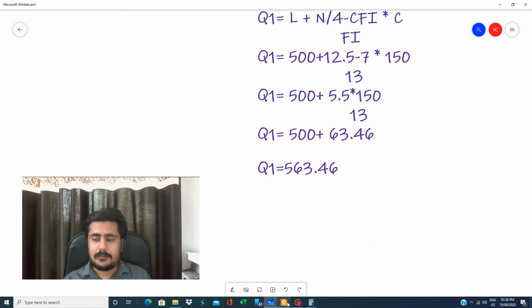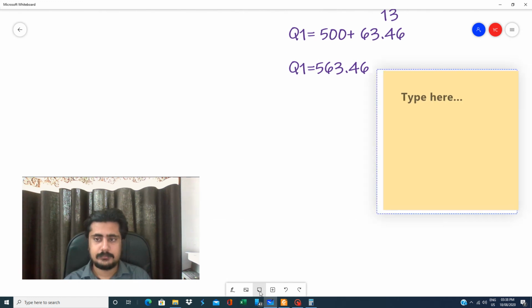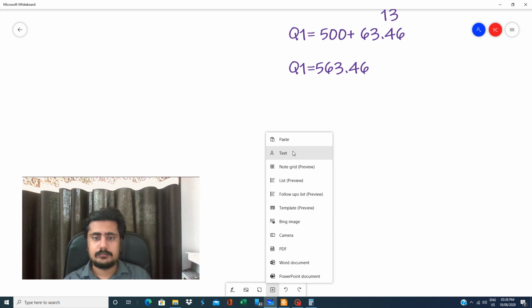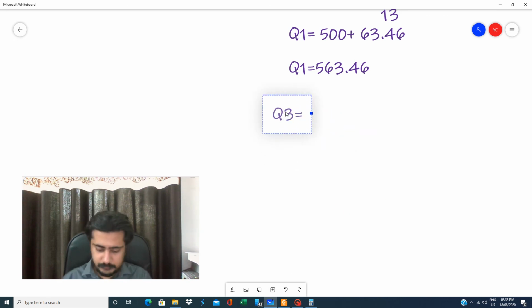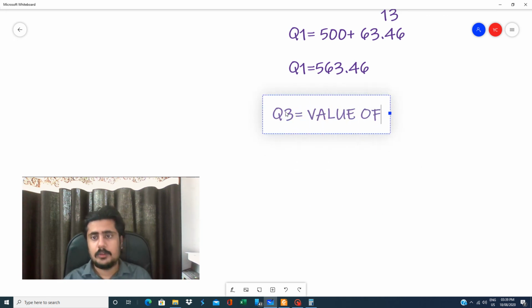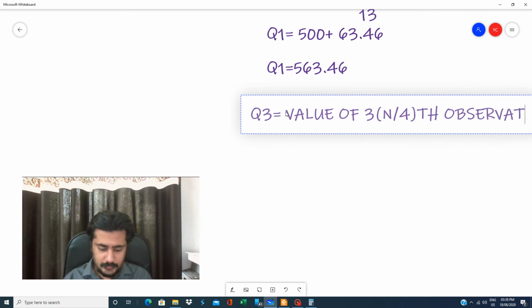Then let us find Q3. Now Q3 is the value of 3 into n by 4th observation.